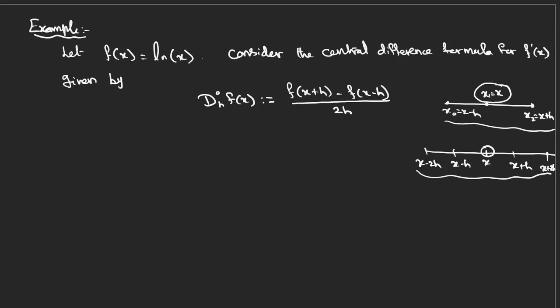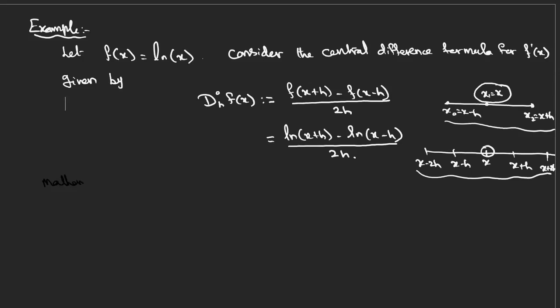And here we are considering the central difference formula with 3 nodes, and it is given by this formula. Now, when you substitute f of x equal to log x, this is written as log(x plus h) minus log(x minus h) divided by 2h, right?